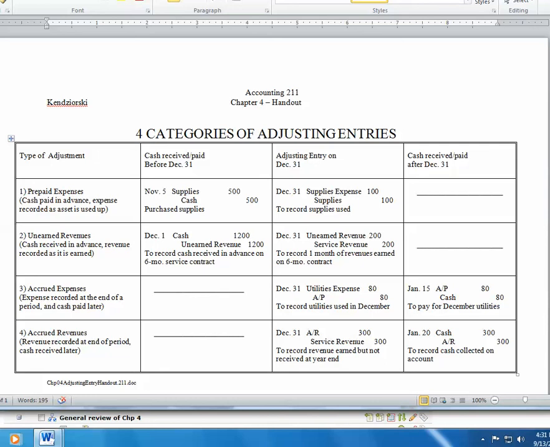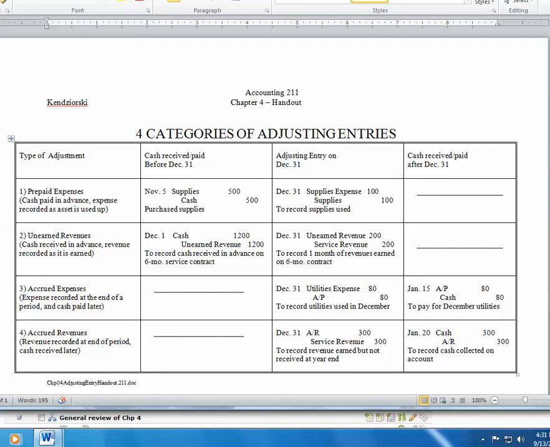So let's take December 31 as the end of our company's fiscal year, and that means that adjusting entries only need to be made every December 31. So this column right here shows the December 31 adjusting entry for each of the different categories of adjustments.